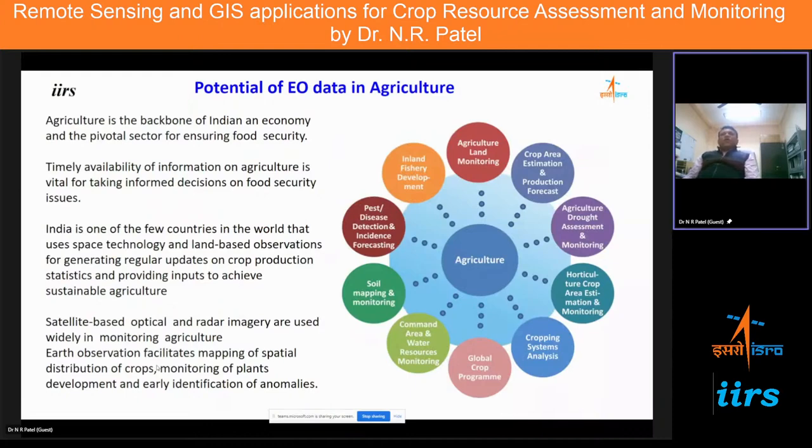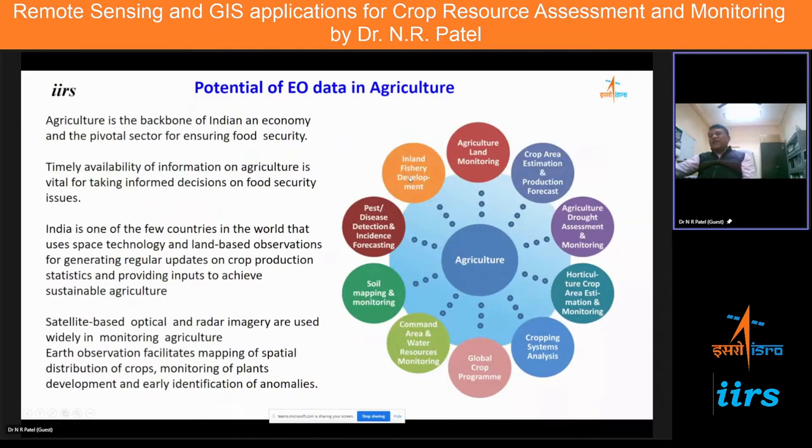Okay, so you can see here different kinds of applications. In agriculture, there is agriculture drought monitoring and assessment, horticulture crop assessment, cropping system analysis, agriculture land monitoring, fisheries.